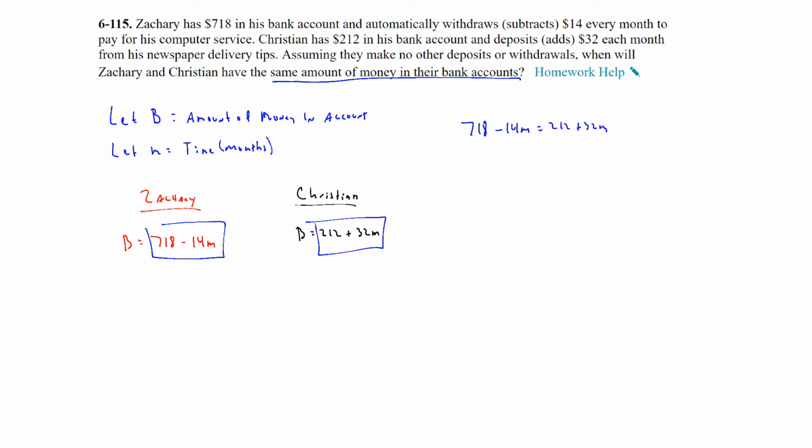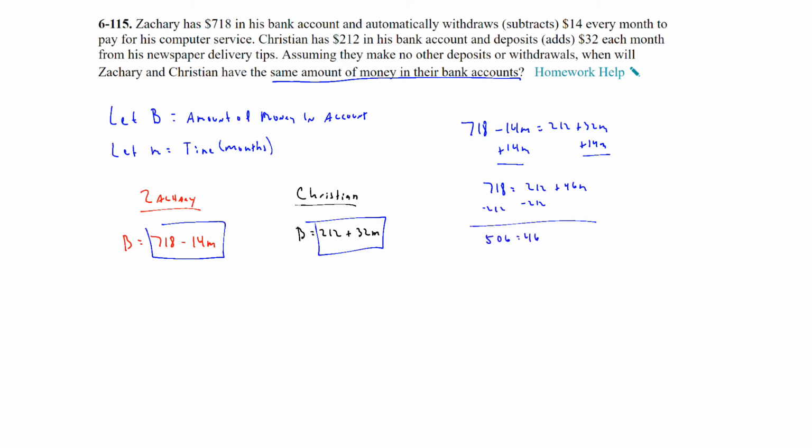And then we can solve this equation by getting our variables on one side and the constant on the other. So I will add 14m. And if I add 14, that'll be plus 46. Subtract 212.